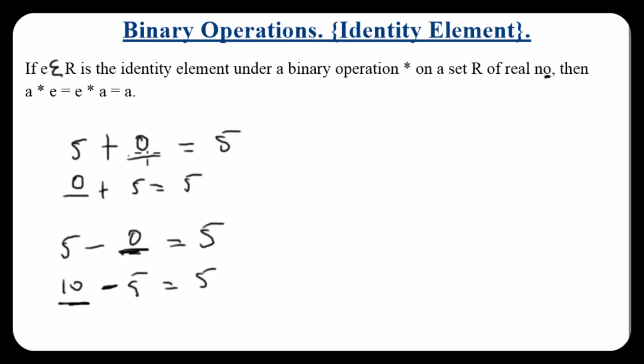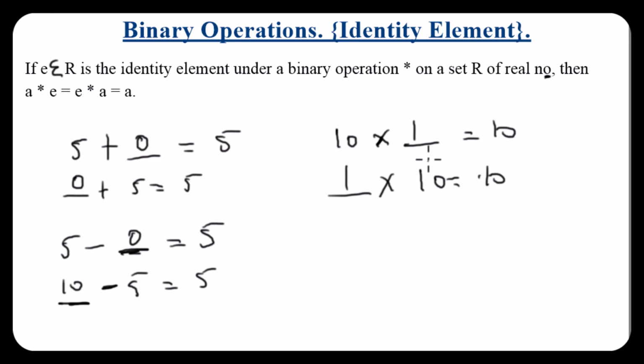Of course, when we talk about multiplication, what is the identity element of multiplication? Let's pick a number, 10. What do I need to multiply 10 by that gives me exactly 10? Or what can I multiply with 10 that gives me exactly 10 also? Here, we already know that 10 times 1 equals 10, or 1 times 10 equals 10.